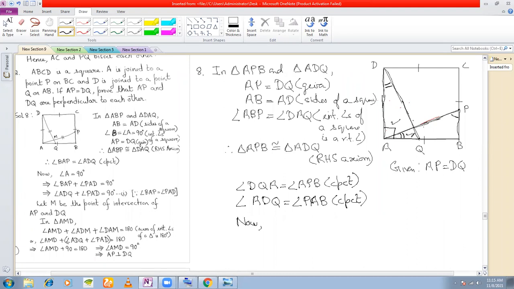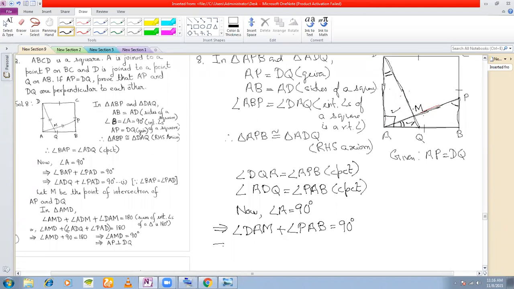Now angle A is equal to 90 degree. Angle A is the sum of which two angles? Let us call this point M here, the point of intersection. It is the sum of angle DAM plus angle PAB. Can you see this? Okay.